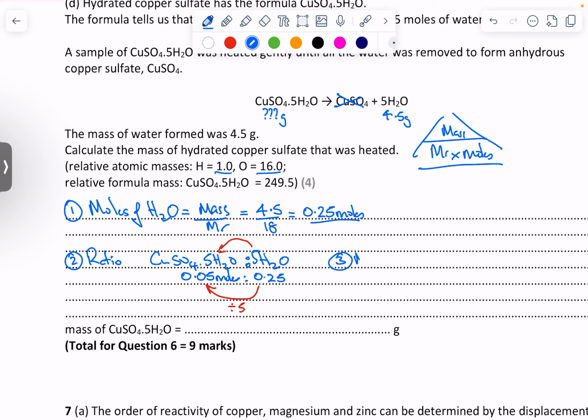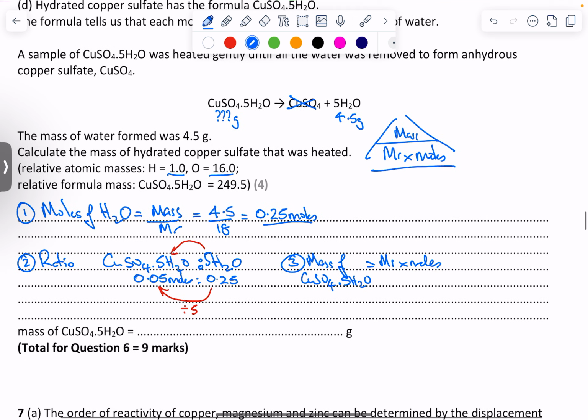And in the final step, we've got to work out a mass of that copper sulfate. So mass, if we go back to our triangle here, mass is equal to MR times moles. So let's put that in, MR times moles. The MR, we're told in the question, is 249.5, and the moles were 0.05.